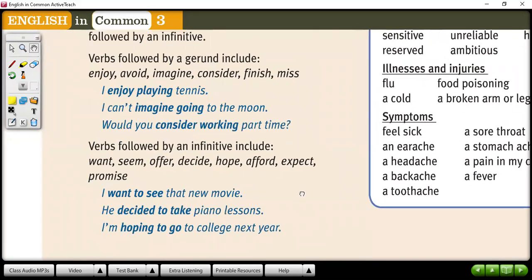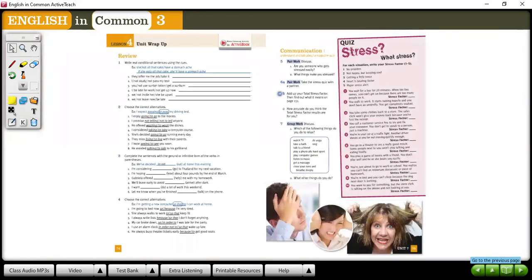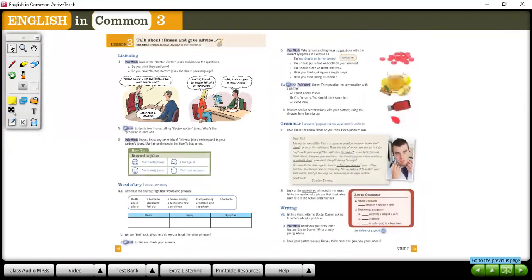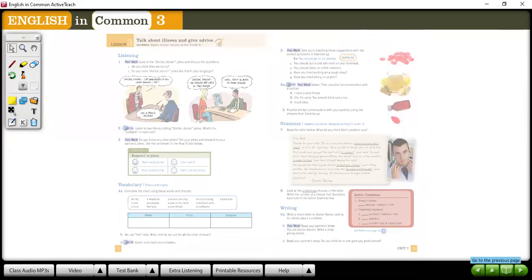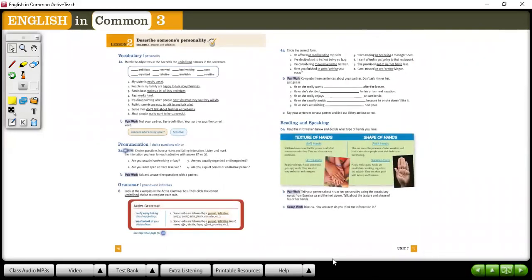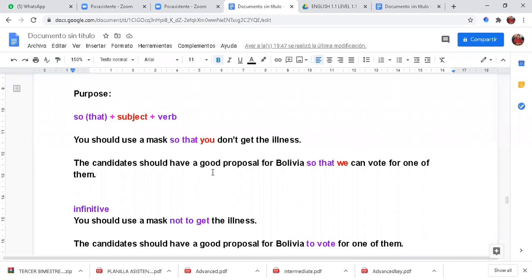Good. Now let's go back to our books. That is extra explanation, which is in the grammar reference that you saw here. Okay, 76. Now, in order to explain a little bit more, I will share my Google document.